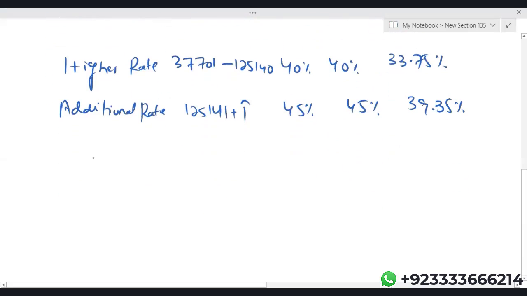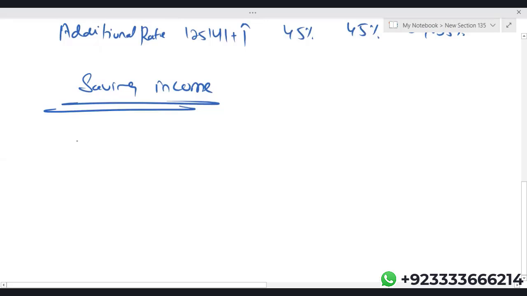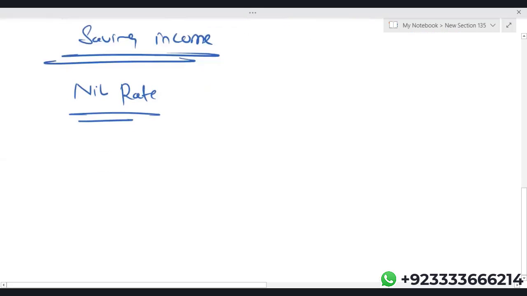For saving income, there's a concept of nil rate band. Now, what is this nil rate? Very simple. If an individual is a basic rate taxpayer, then the individual gets a nil rate of £1,000.